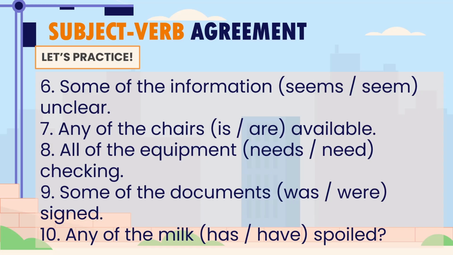Our subject is uncountable, that's why we take singular verb seems. Number 7, any of the chairs is or are available. We have a countable noun, that's why we take plural verb are. Next, all of the equipment needs or need checking. We have an uncountable noun, equipment, that's why we take singular verb needs.